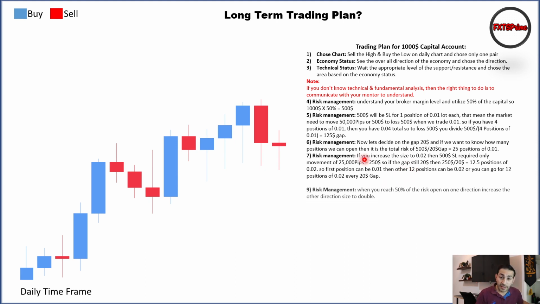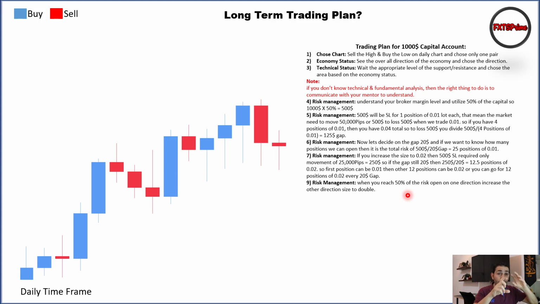The next thing you're going to do is your strategy or risk management when you reach 50% of your risk. We said your risk is $500 from your $1,000 capital account, which is half of your capital.